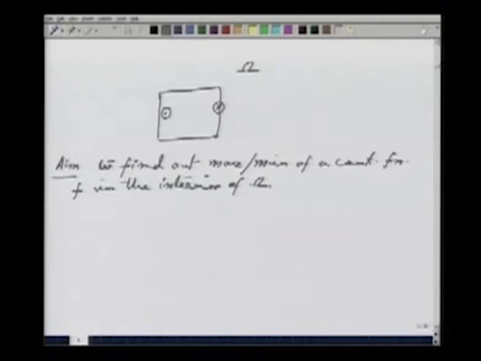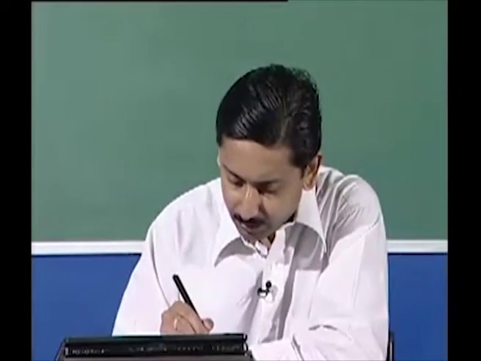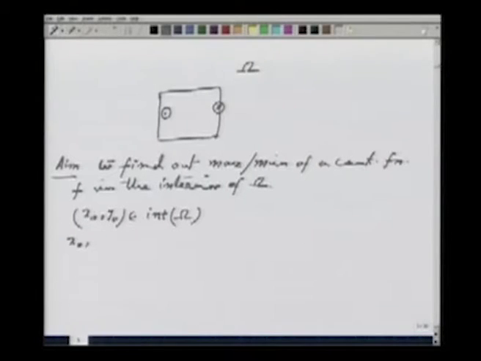Okay, so you start with back calculation. So let us say (x naught, y naught) belongs to interior of omega. Okay, then if (x naught, y naught) is an extreme value, that is either it's a local maximum or a local minimum, then the partial derivatives have to vanish.